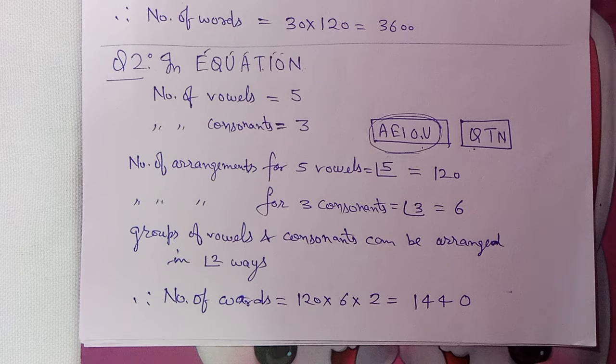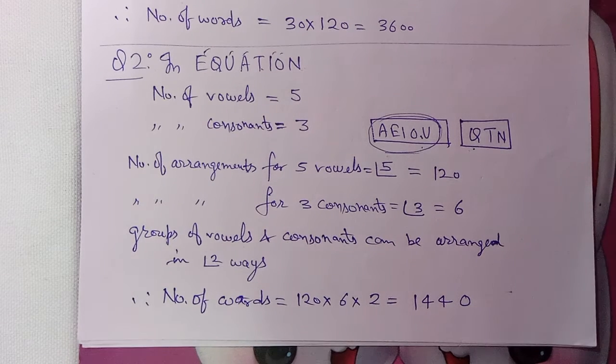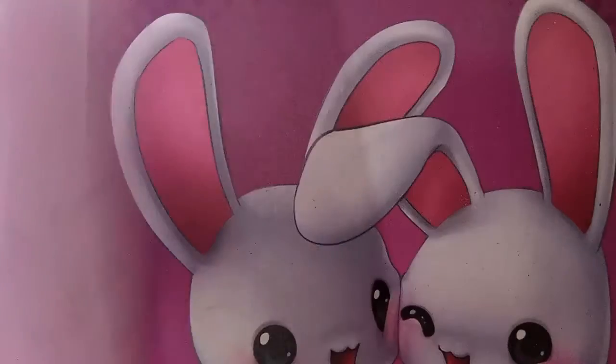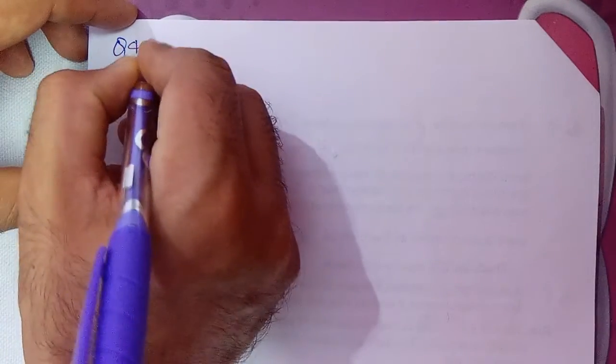If the different permutations of all the letters of the word examination are listed as in a dictionary, how many words are there in this list before the first word starting with E? Question number 4.